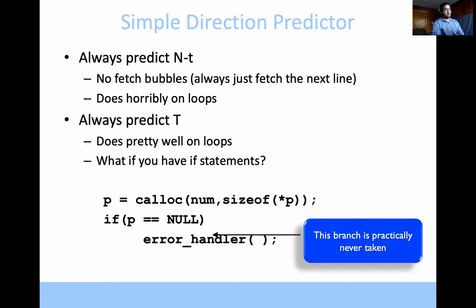It's almost impossible. It's always an error condition, something that typically does not occur where you run out of memory, where you go into a state where p is null. So in that case, if you always predict taken, you're always going to go and run this error handler, which is useless. It's never actually going to be executed.